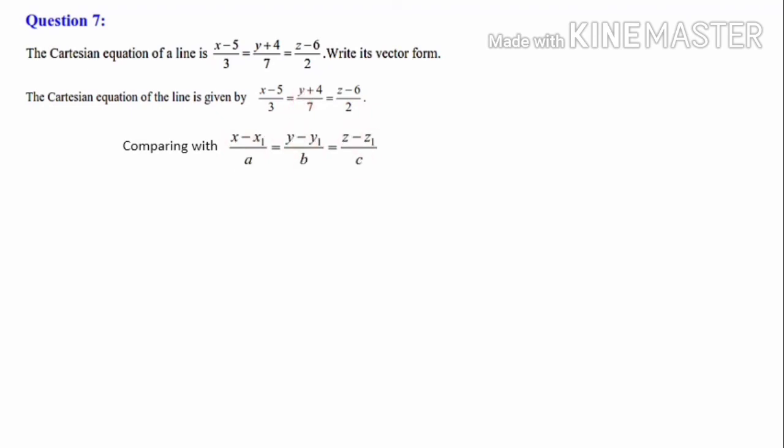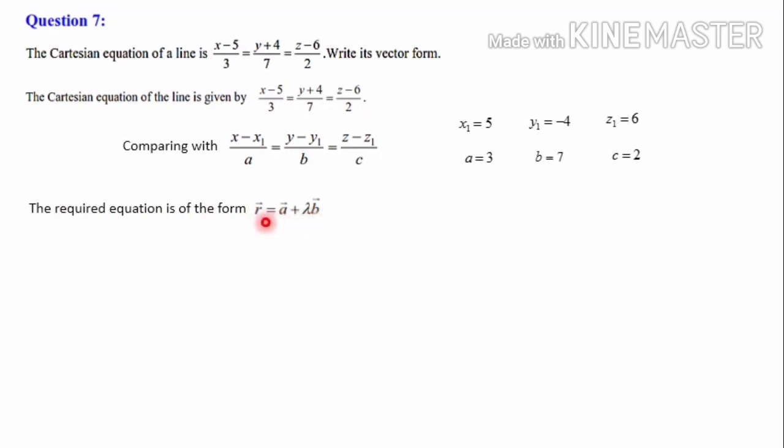By comparing these two, we can write x1, y1, z1. x1 is 5, then y1 is -4. Here there is a minus, here there is a plus, so y1 is -4 and z1 is 6. Next, a is 3, b is 7 and c is 2. So x1, y1, z1, a, b and c we have taken. Now the required equation is of the form vector r is equal to vector a plus lambda into vector b.